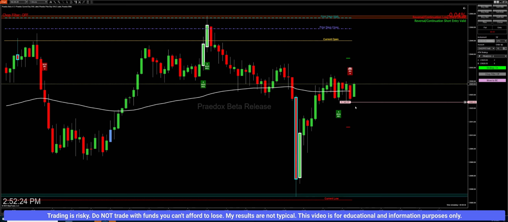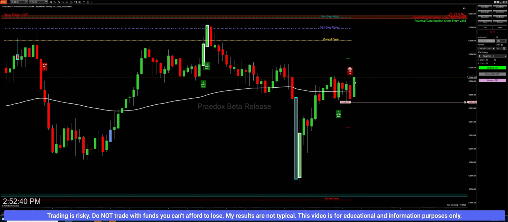And again, we don't have the chop filter turned on, so normally you would have a chop filter when you're seeing this EMA stay flat. But for purposes of demonstration, to see the features here, I have it off. But if we break above here and we stay here, we'll get an aggressive long potentially. It'll take about 15 seconds for that.